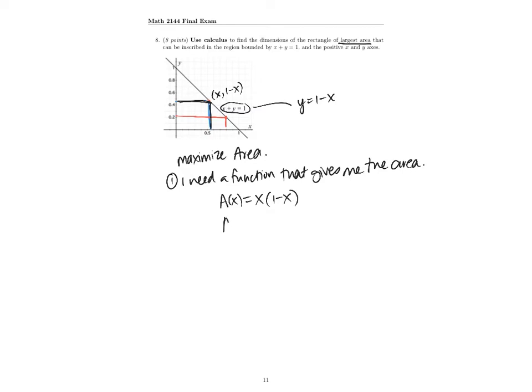I can multiply that out, and I get x minus x squared. And then I want to maximize that, A of x.